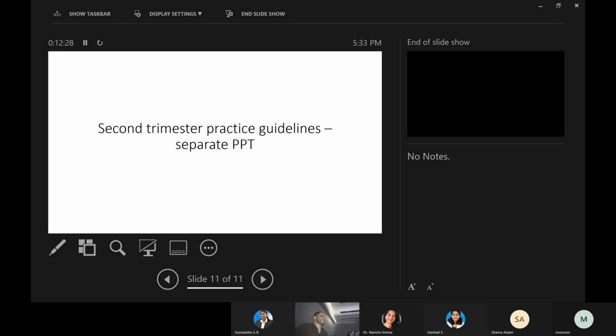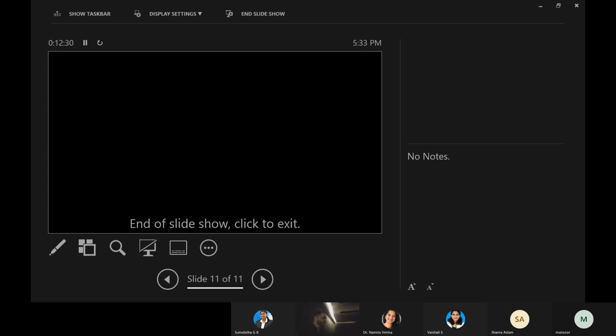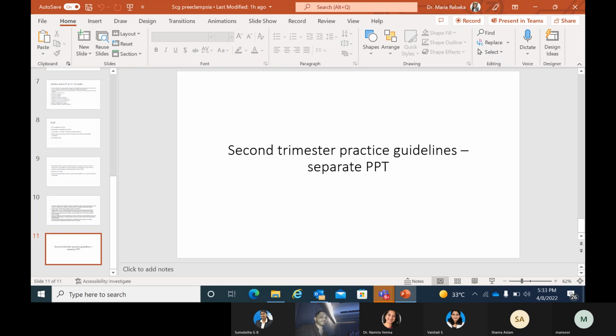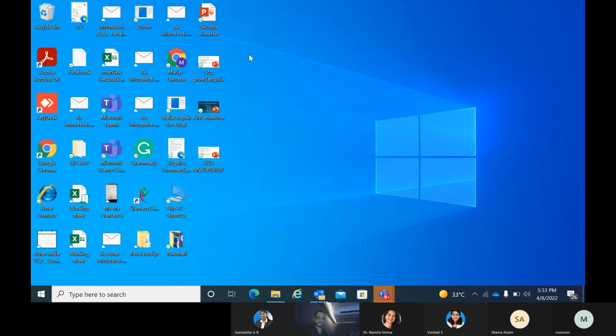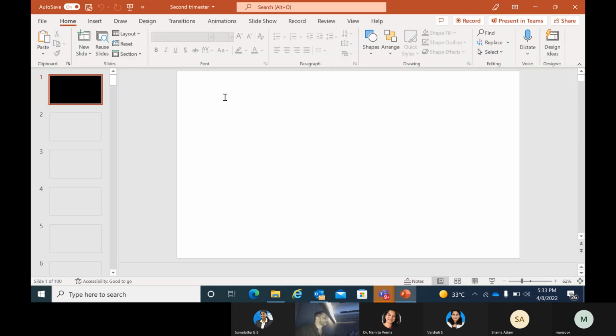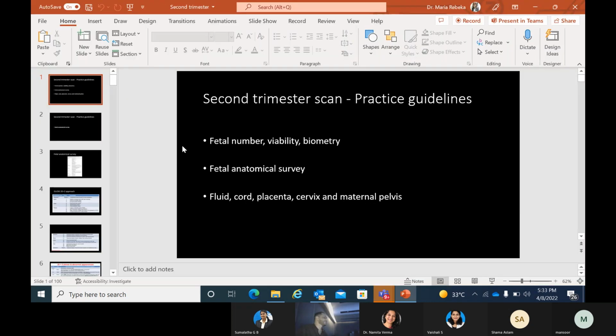So now we go to the second trimester guidelines. We'll try to make this faster. This will be more interesting because this is more of ultrasound, the second trimester scan.